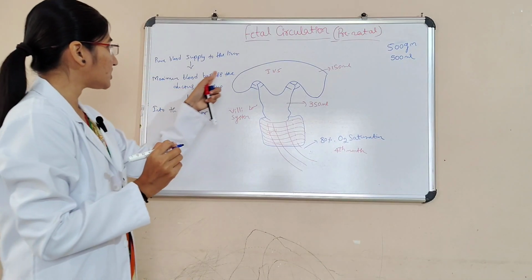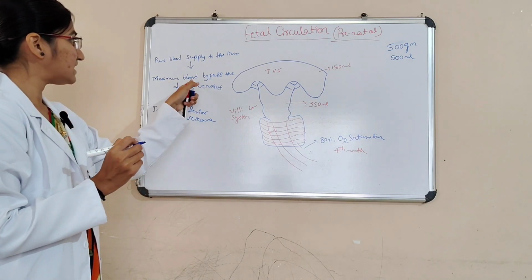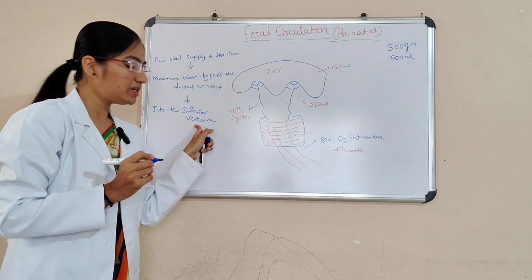Here maximum blood bypasses through the liver, that is, into the inferior vena cava.